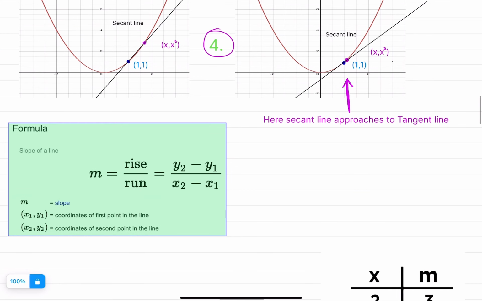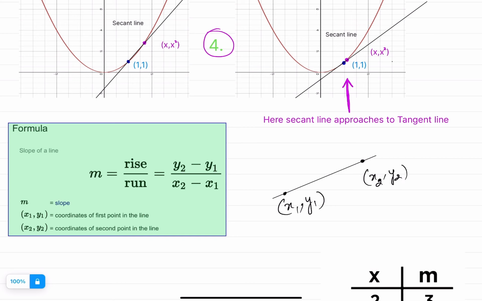Now we know the formula for slope of a line, that is equal to rise over run, or y2 minus y1 divided by x2 minus x1. This is a general formula. For example, you're going to take a line. This is point x1, y1, and this is point x2, y2.